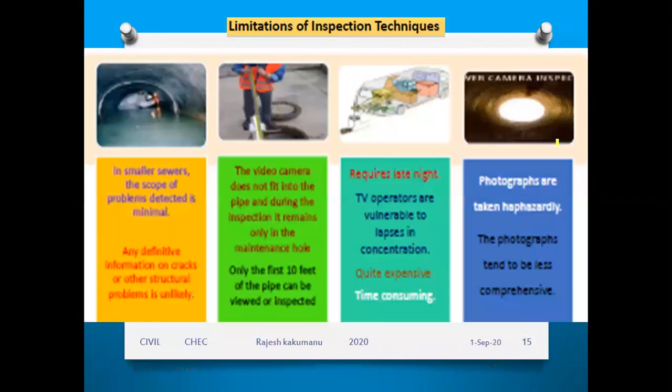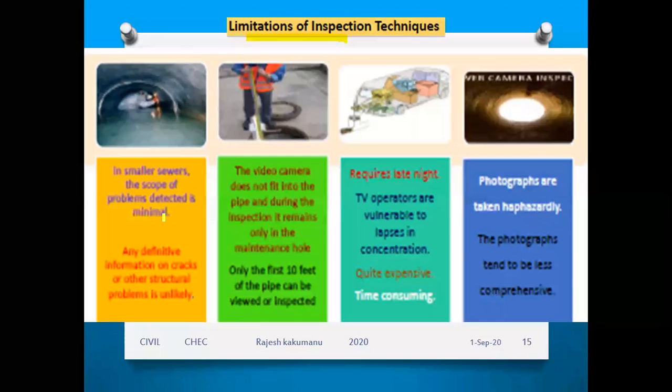Okay? Next, what are the limitations of inspection? We do inspection, but up to what extent? There should be some limitations for inspection techniques. If you see the inside of the sewer pipeline, the man is standing, the water is there on the surface. In small sewers, the scope of problems detected is minimal.